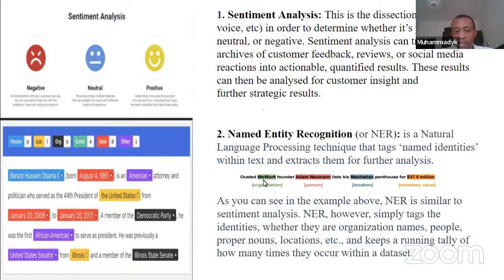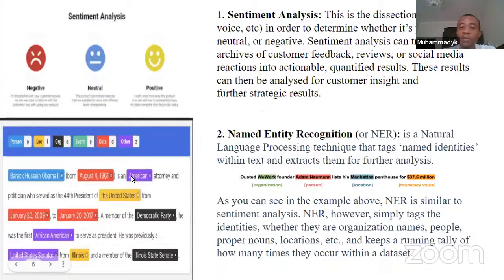So we have a sentence here saying, okay, Barack Hussein Obama, born in August 4th, 1961, is an American attorney and a politician. So using named entity recognition, we'll be able to recognize from this text that, oh, Barack Obama is a name, right? August 4th, 1961 is a date of birth, right?